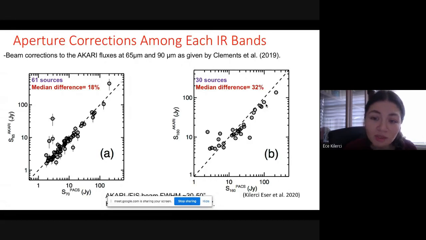So that's why we trusted their measurements more here. For Akari it's a fixed large aperture, but in their study they have apertures for each source.